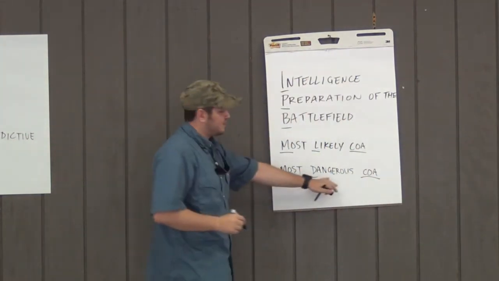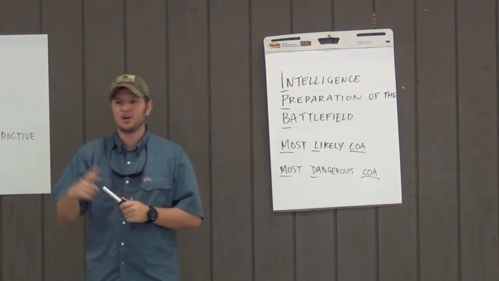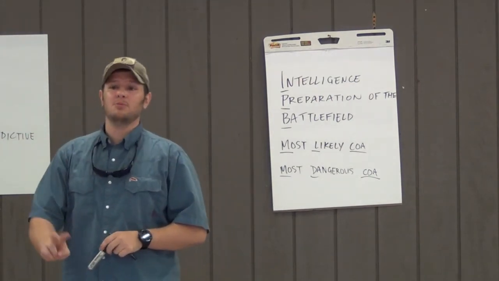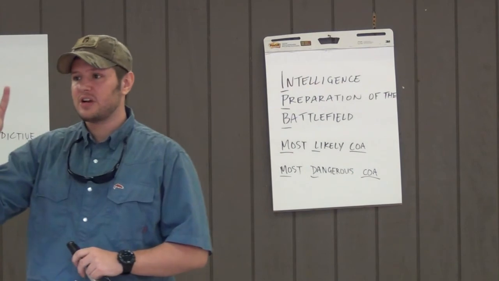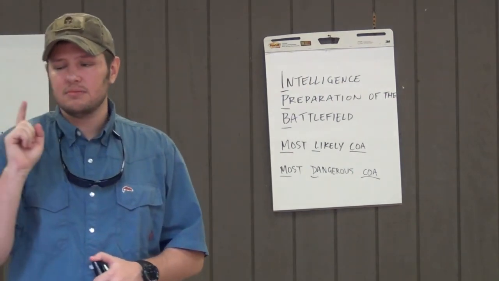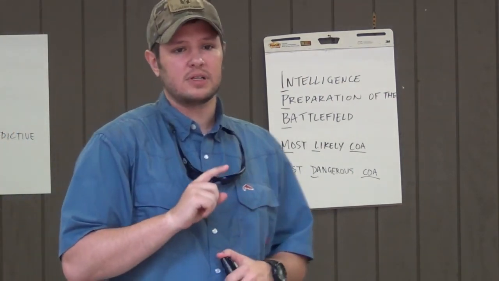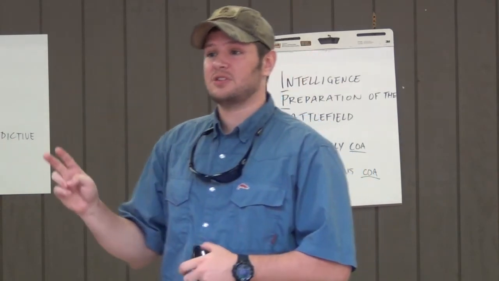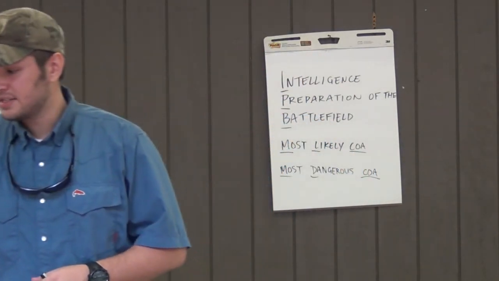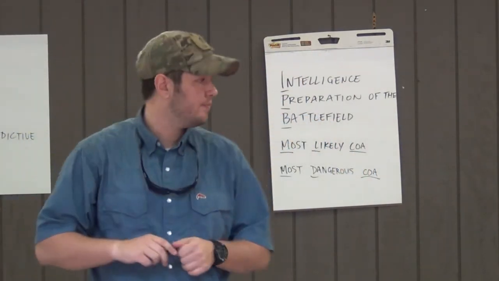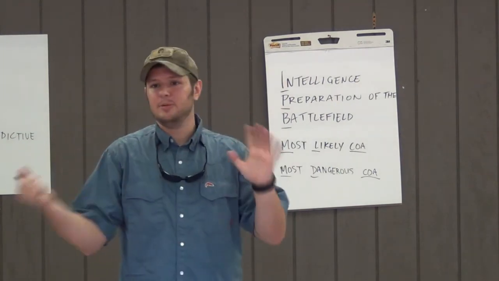And we have the most dangerous course of action, MD-COA. At a minimum, we need to identify both of those. All right, and what direction is the adversary most likely to come from? All right, and then finally, what's the most dangerous of all his available options? All right. This is IPB in 5 minutes.